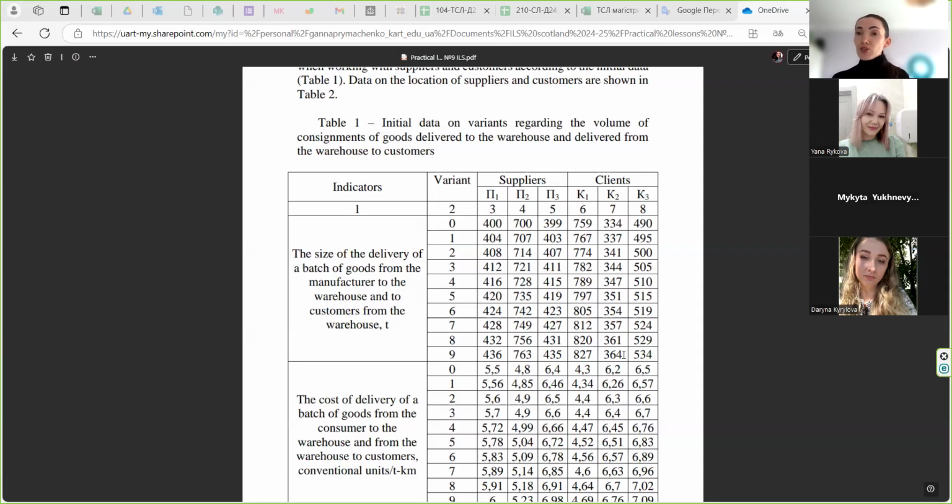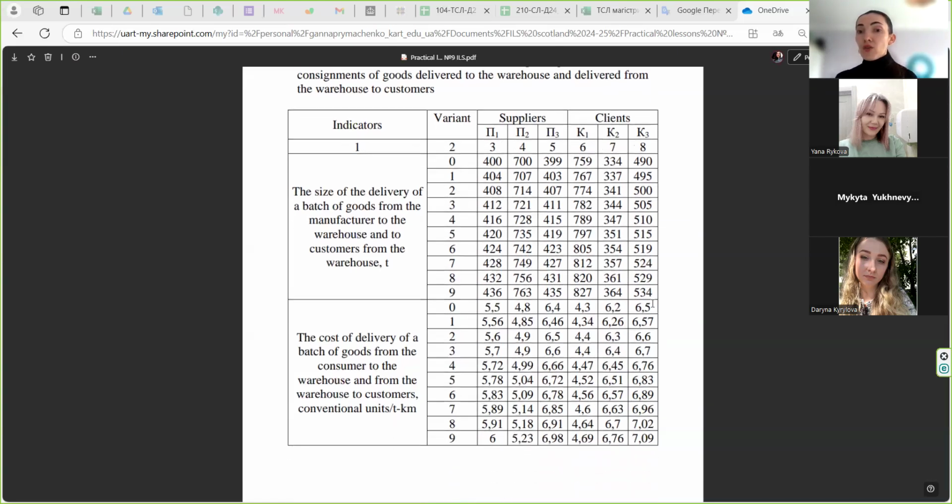Okay. And our next part of our formula is information about client three. Also, we need to find tariff. It is our last column and our last line. Please find for your variance. Zero variance, it is 6.5. First variance, it is 6.57. And other, please find for yourself this information.